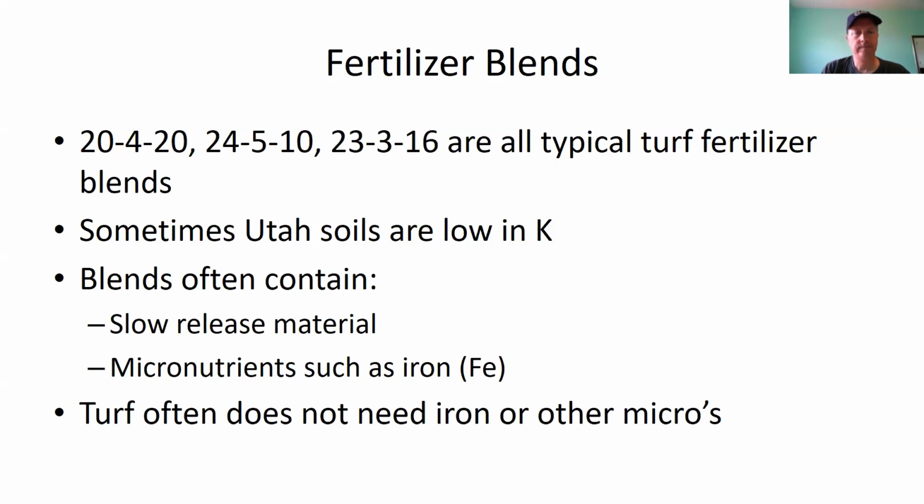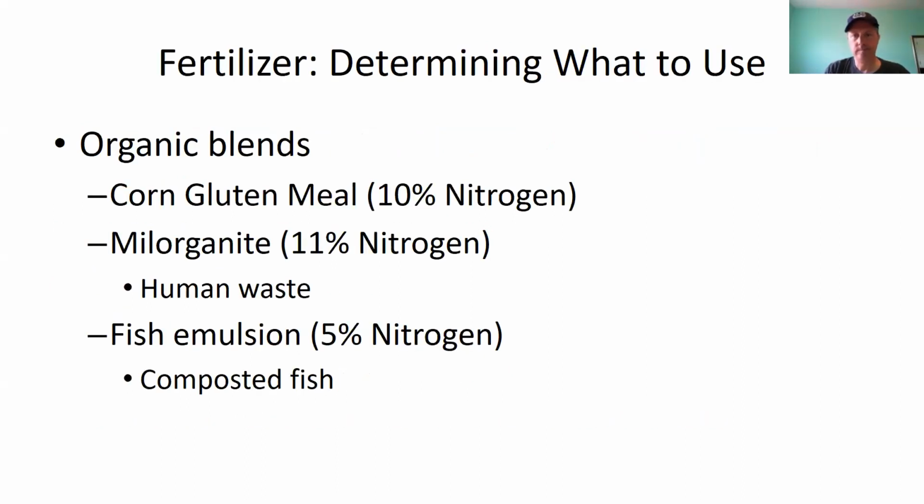What I actually recommend people do is use 16-16-16 because you've got those in high amounts and you can find that particular blend at any farm store or garden center. But otherwise, if you have sufficient phosphorus and potassium, I wouldn't get overly concerned about it because it's just something that shouldn't be a problem.